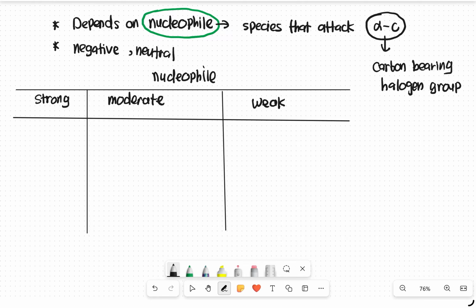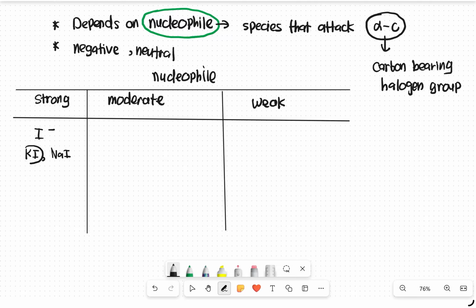So strong. For halogen, the most reactive is iodine, so I negative is a strong nucleophile. It can derive from KI and NaI.